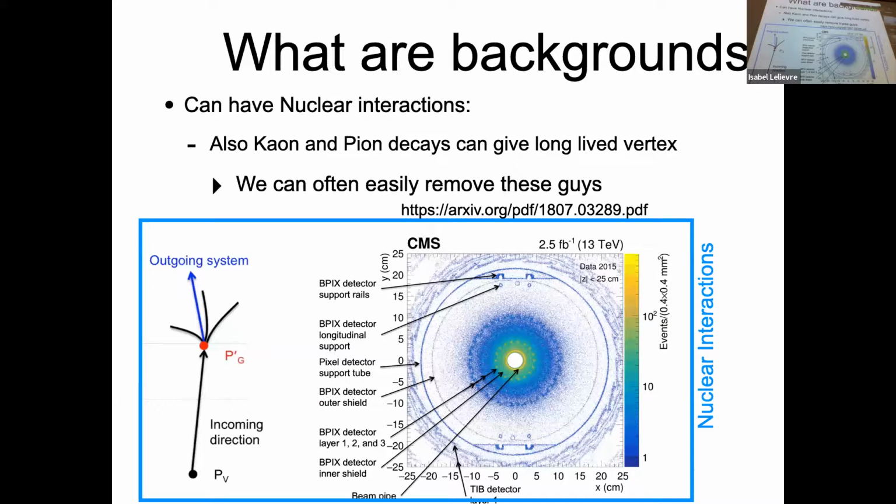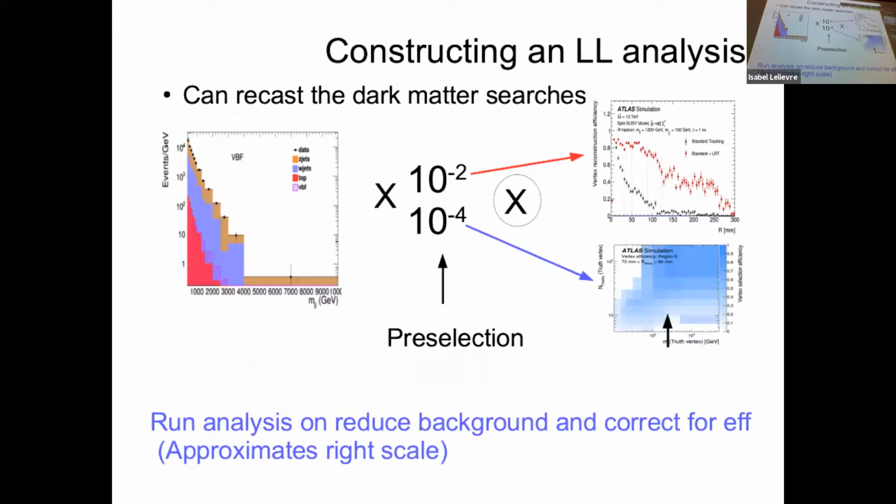As a note, what are the displaced objects you worry about? Typically not long-lived particles like hadrons and pions. You have to actually worry about nuclear interactions. That's a very experimental thing to care about, so I'll skip it, and you can ask me about it. But suffice it to say, you can reduce your background by about a factor of 10,000 if you have a displaced vertex ID.